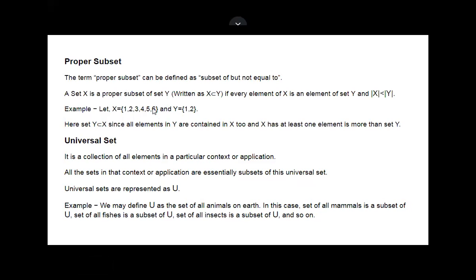In proper subset, this means Y is proper subset of X because cardinality of Y is less than cardinality of X. Getting?